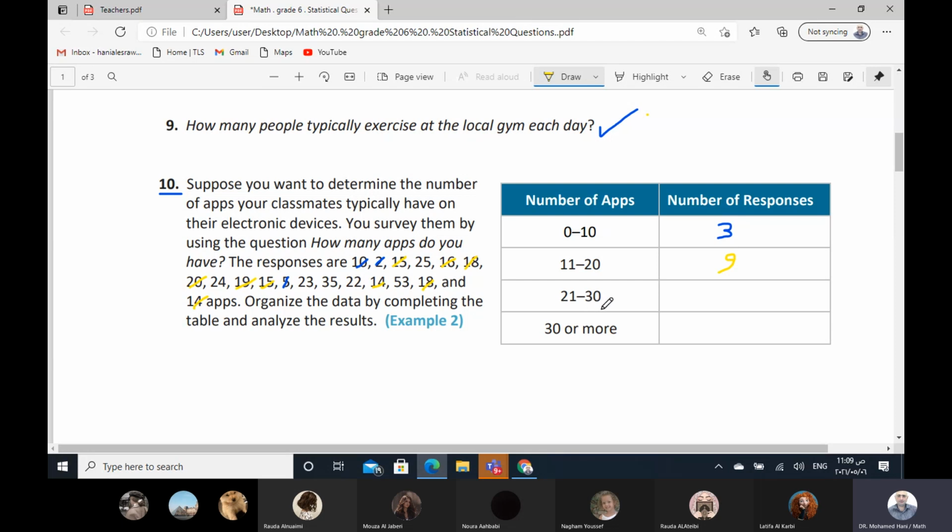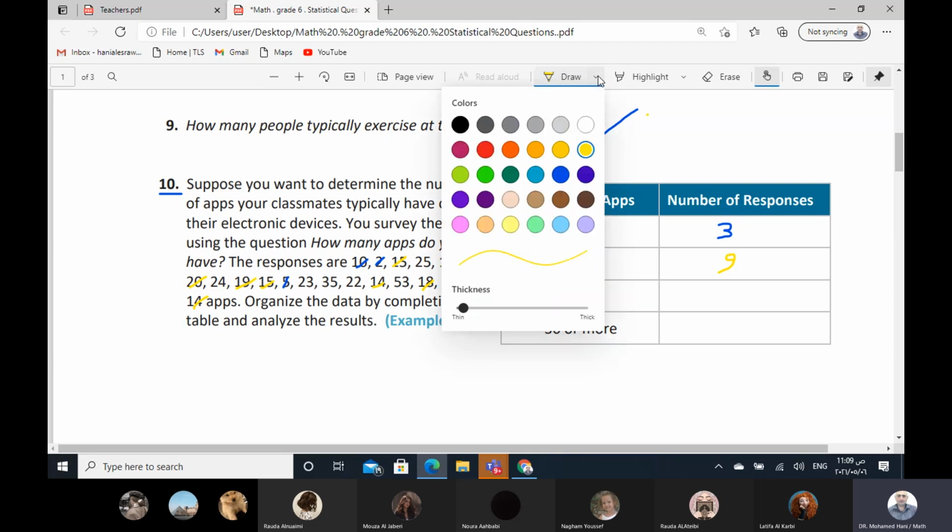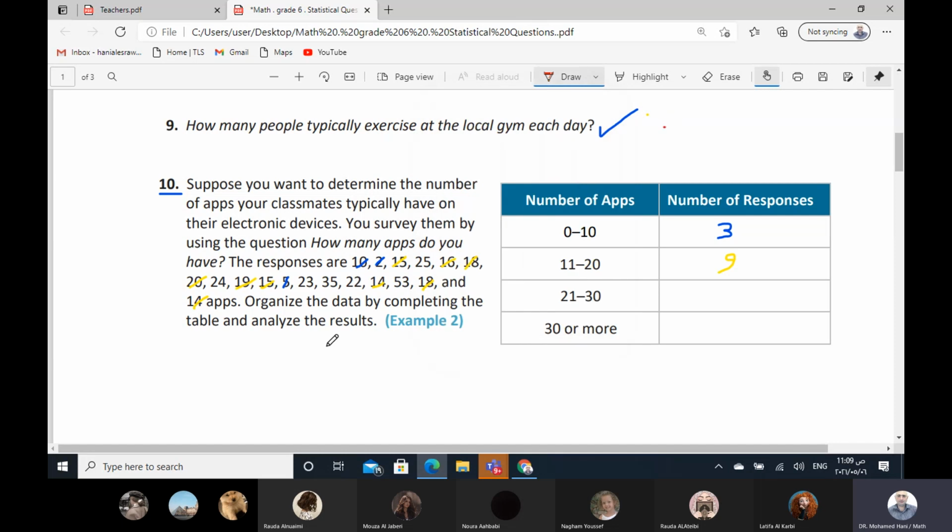Now the period between 21 and 30. You have here 25, 24, 23, 22. So 1, 2, 3, 4.